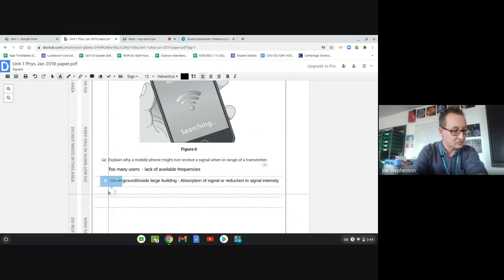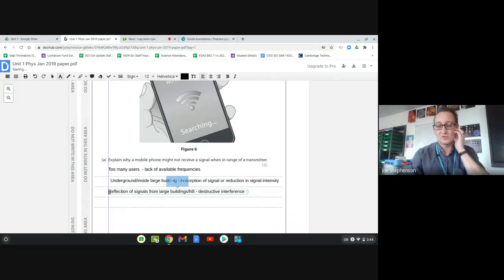Now, it's possible you do get interference, but interference tends to come from reflection of signals from large buildings. Or a hill can do the same. The reflection of a signal leads to destructive interference.